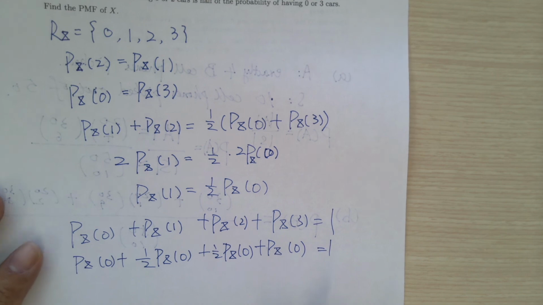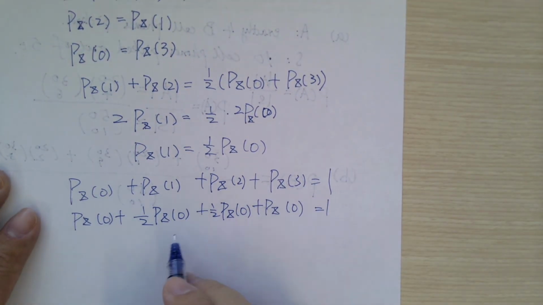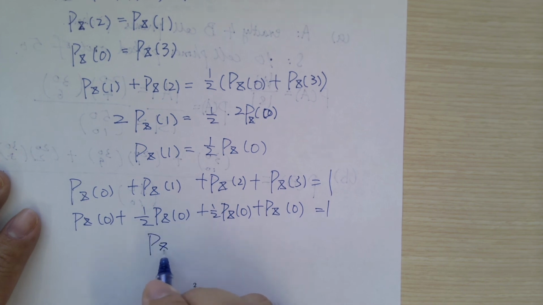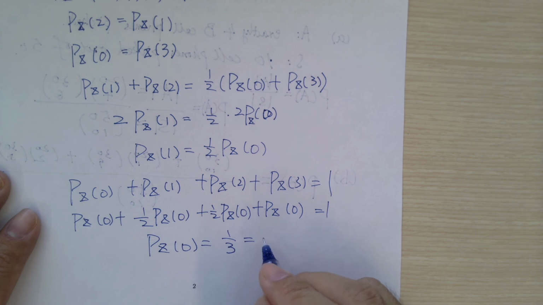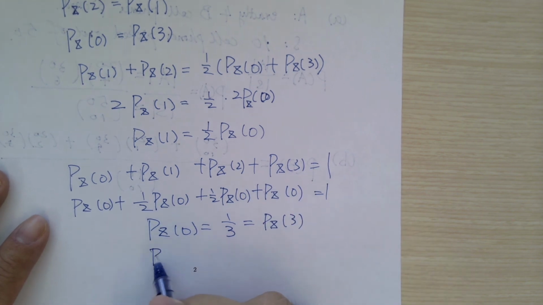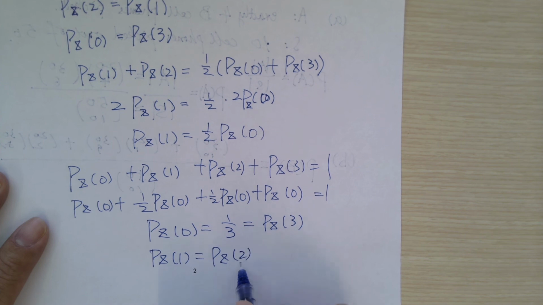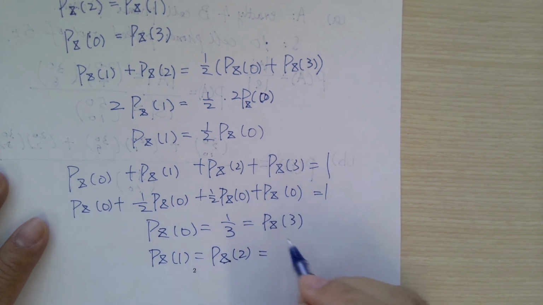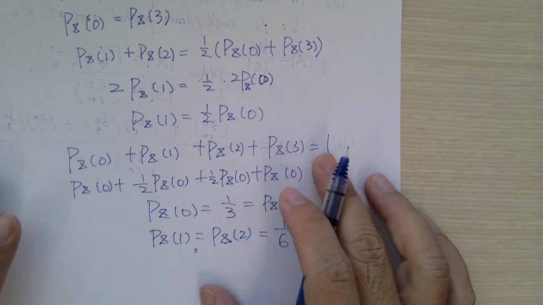This equals 1, right? So easily you can figure out that P of 0 equals a third, right? Because P0 and P3 are each a third, and hence 1 and 2 are going to be half of it, which is 1 over 6.